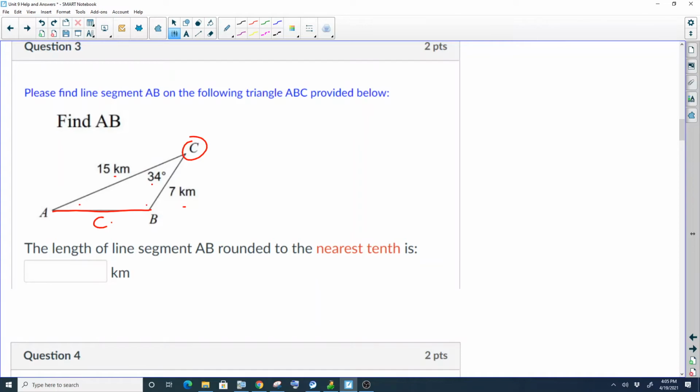Missing an angle, got a side. So that means we do not have enough info to use law of sines.